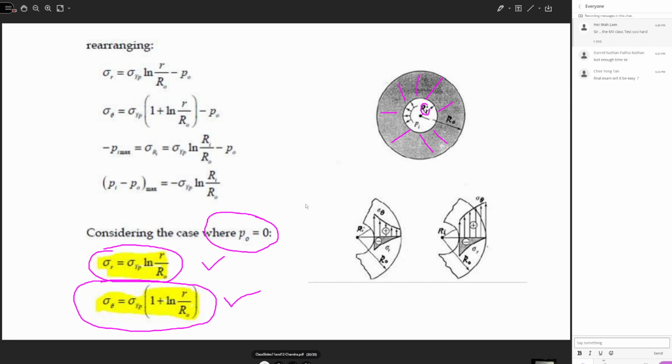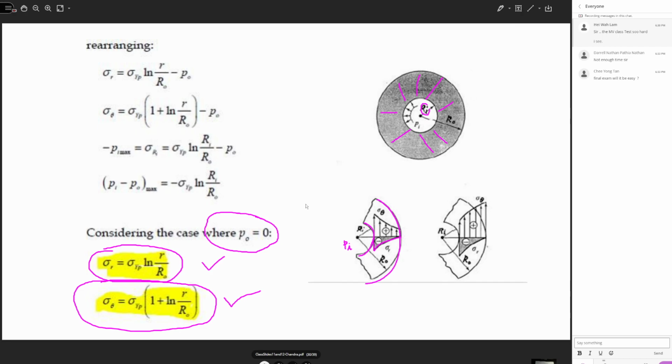Now you can see how we represent these stresses on a cross section. You can consider this as your inner radius, Ri, and let us say this is your outer radius. The radial stress sigma r will be, I'm sorry, it will be equivalent to the inner pressure Pi at the inner radius, which is maximum, and it gradually decreases.